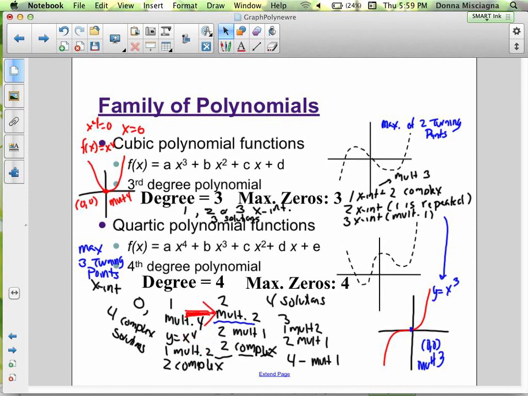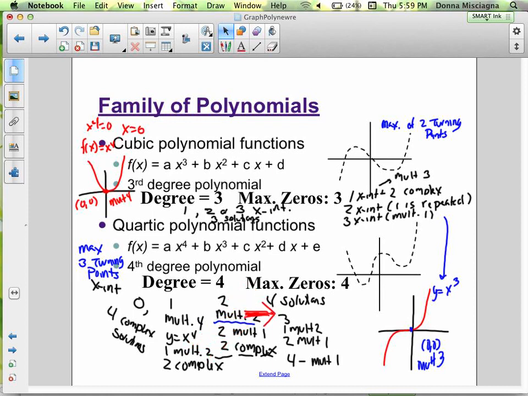One is that you've got 2 x-intercepts and they're both multiplicity 2. And we had that when we had one that looked like that real symmetrical W where both of them touch and turned, right? Negative 1 and 1. Or you can have 2 with multiplicity 1 and then 2 complex. And then it's going to do a strange turn in between somewhere, not an x-intercept.